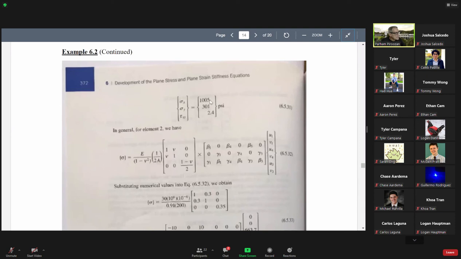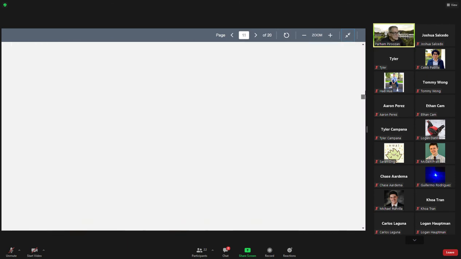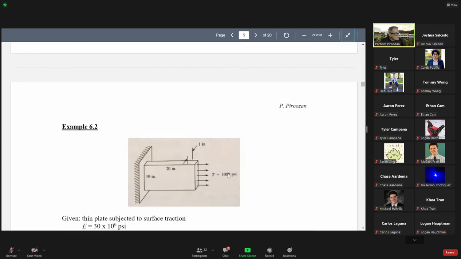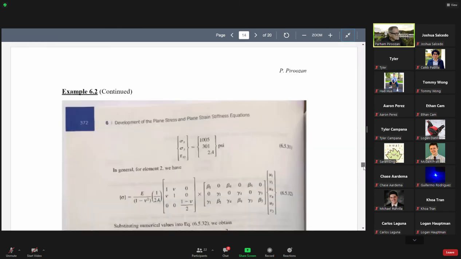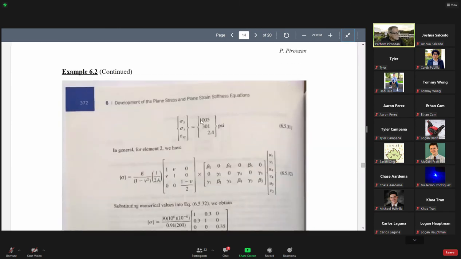We should only get 1000 PSI, the load that we are applying here. So we should have a stress in the X direction of 1000 PSI and no stress in the Y direction and no shear stress. Here sigma X is 1005, which is okay, but we shouldn't have any sigma Y, and tau XY, we shouldn't have any shear stress.